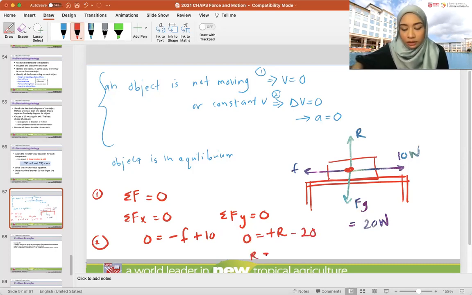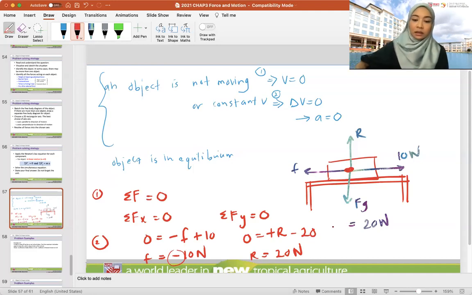So R, we can solve using this equation. R is equal to 20 Newton and your F is equal to minus 10 Newton. The direction is to the left because it has the negative sign. The direction is upwards, it has the positive sign. So this is how you use the equation if the object is in equilibrium.